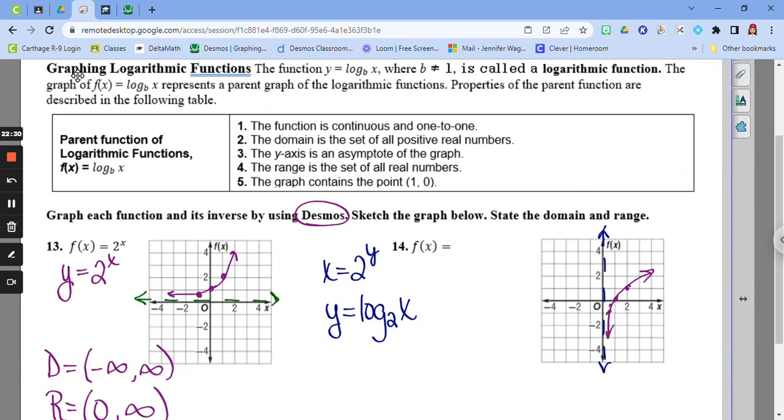And there's my graph of the logarithm. If my domain is all real numbers for the exponential, then that means that's my range, because your x and y values switch. If my range is 0 and above, then on the logarithm, that's the domain. Again, inverse means your domain and range switch.